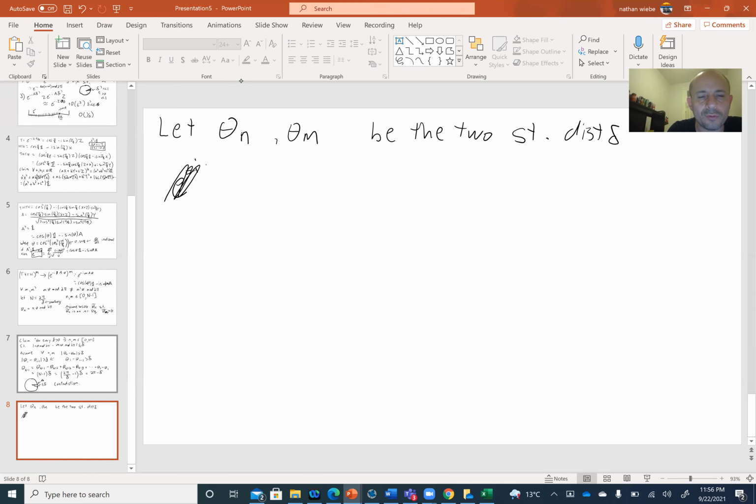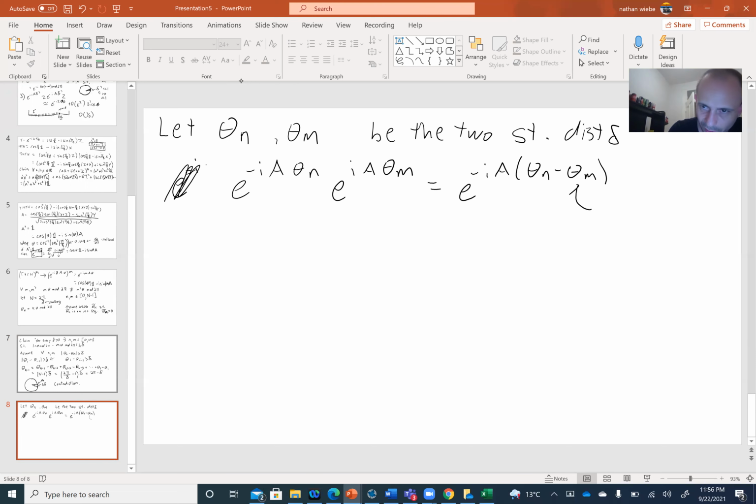Then what we know from this is that e to the negative i a theta n, e to the i a theta m, is equal to e to the negative i a (theta n minus theta m).